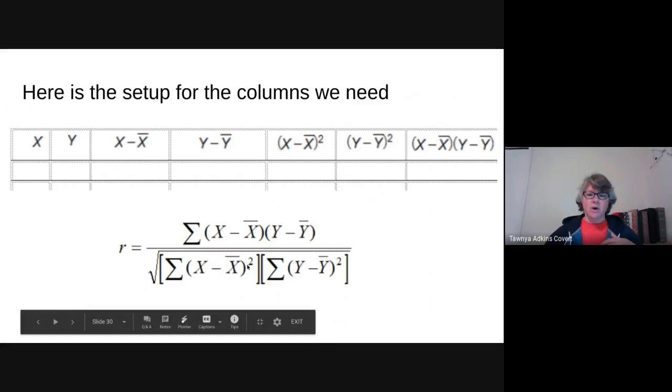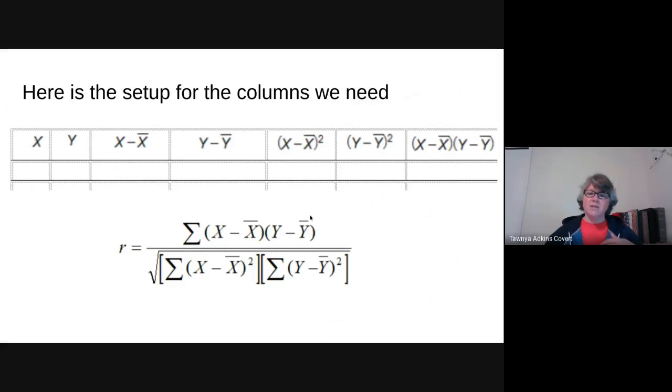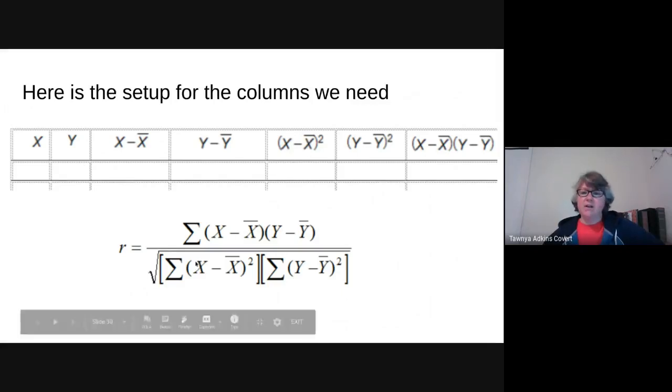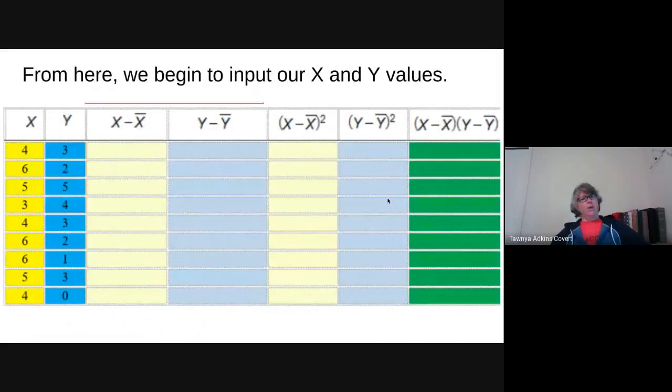So this part is going to be this column. This one is going to be this column. And this top part here is going to be here. So after we have done all of these pieces, we're going to sum this column and plug it in here. We're going to sum this column, plug it in down here, and we're going to sum this column and plug it into the numerator. That makes sense? All right, here we go.